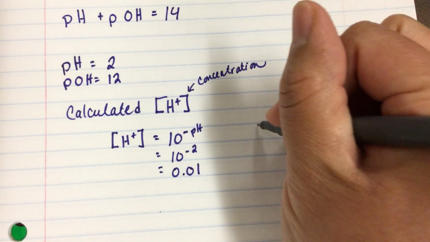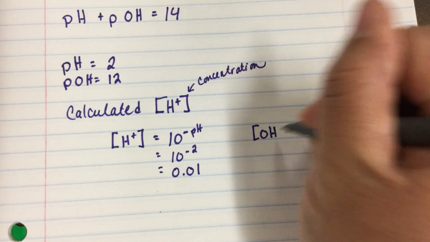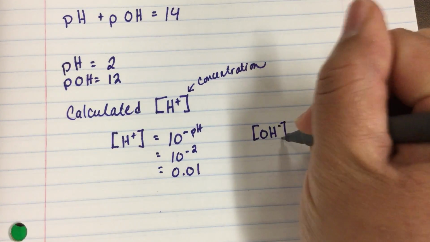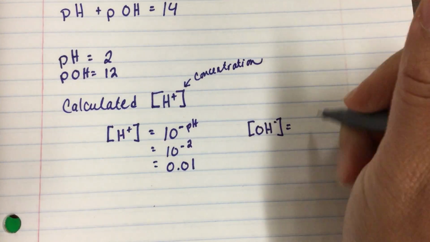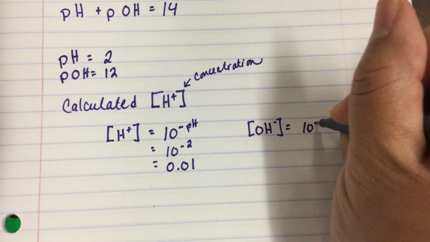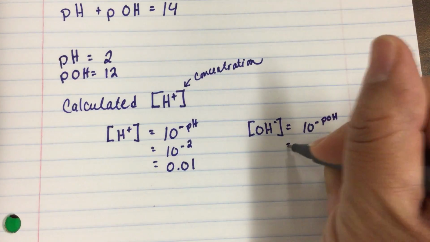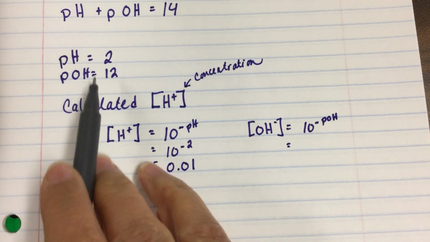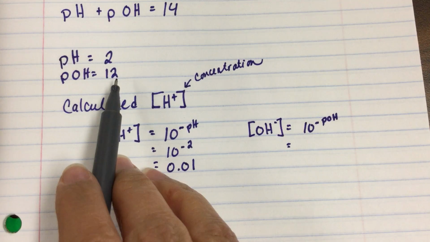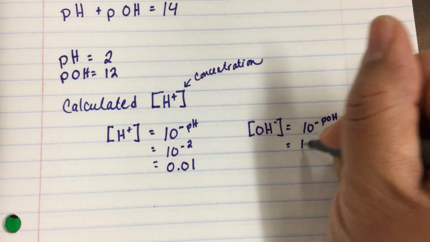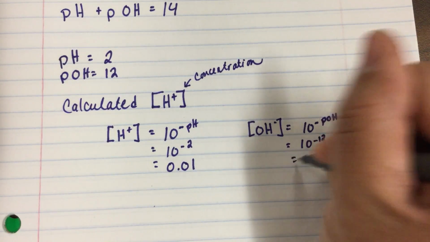If I want to do the same thing with my OH ions, the concentration of that equals 10 to the negative pOH. I have my pOH right here, which is a 12. So I'm going to do 10 to the negative 12.